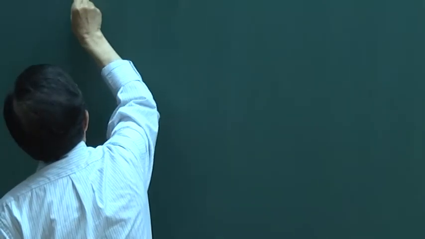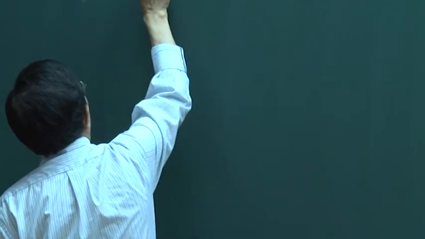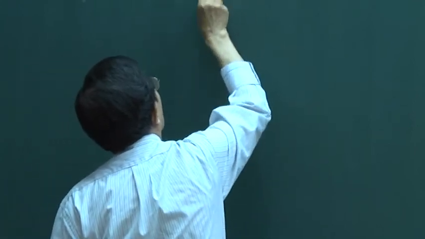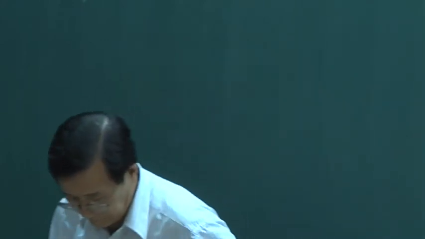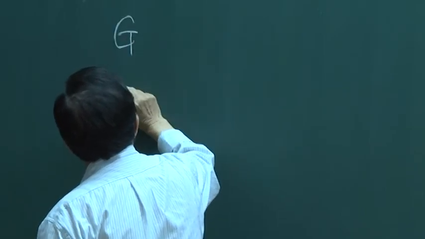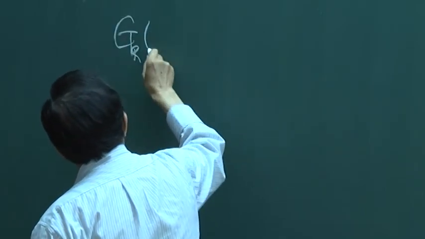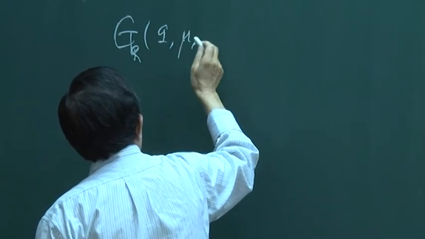The other idea is called anomalous dimension. So let's take any Green's function and renormalize, with momentum Q, mu, and g.